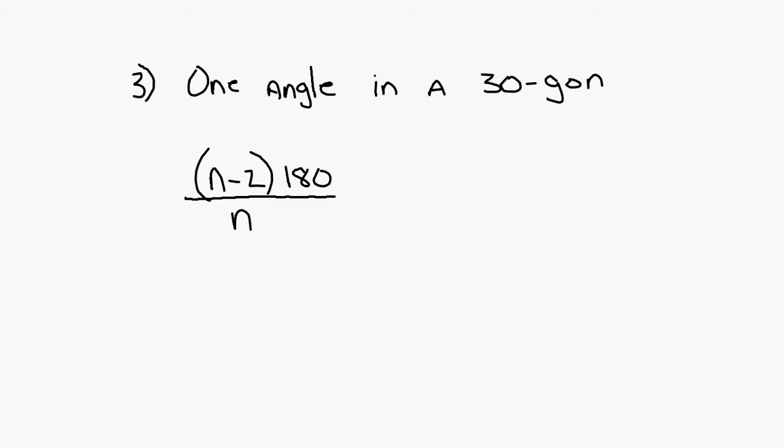You use the formula for the sum of the angles, and then you divide it by the number of angles. So in this case, you take 30 minus 2, multiply it by 180, and then divide it by 30.